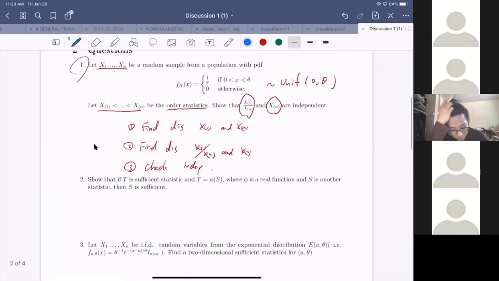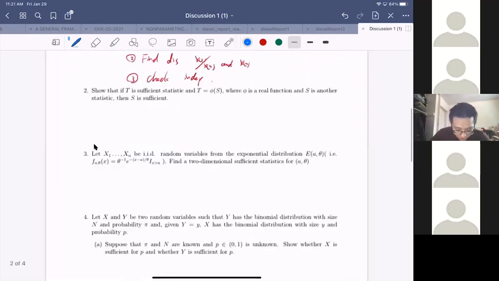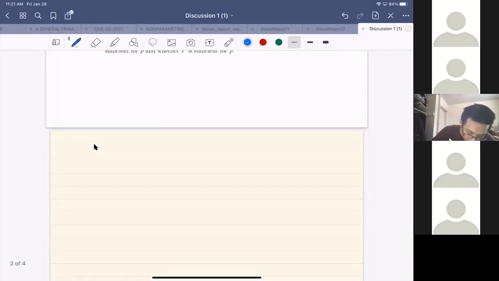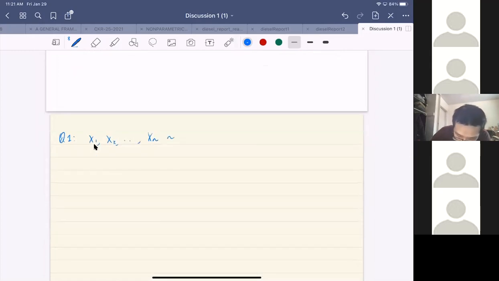Okay, for question one. We have S1, S2 to Sn. They are uniformly distributed on 0 to theta.